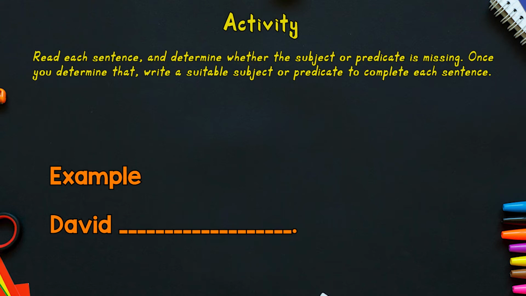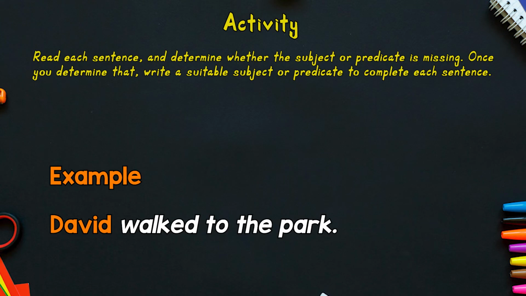We have to give some information to the sentence that would complete it. So, the information that I would have added: walked to the park. David being the subject and walked to the park being the predicate. So, now that you have an idea what to do, give it a try.